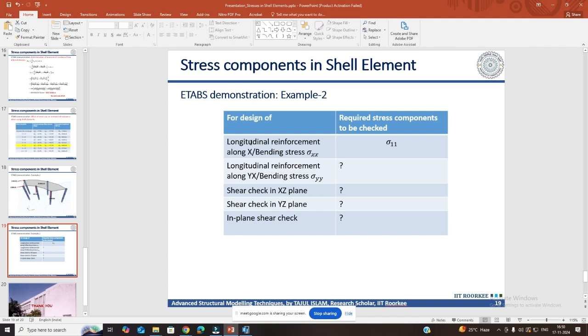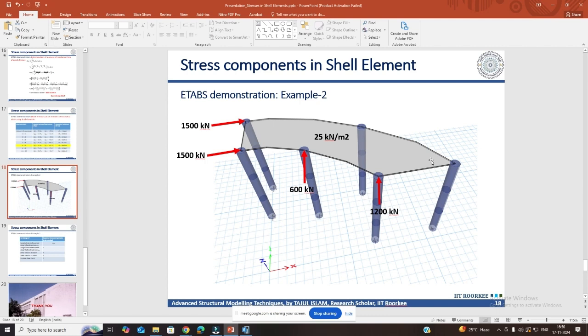I have to design longitudinal reinforcement along x, meaning the reinforcement direction is this one. So what will be the direction of stress? Will it be in the direction of x or in the direction of y? Stress direction I'm asking. No, z will give you the shear stress.